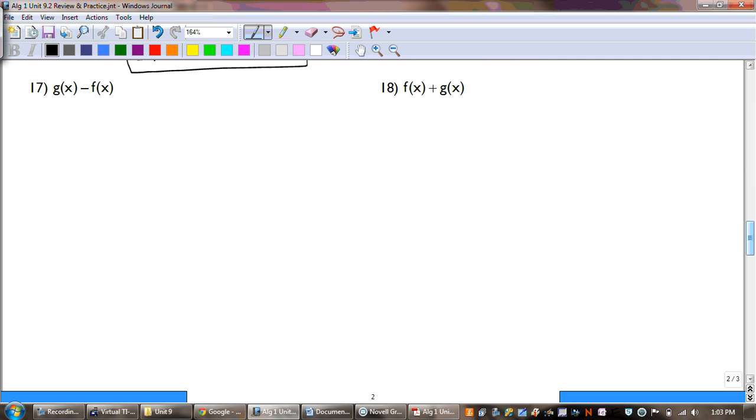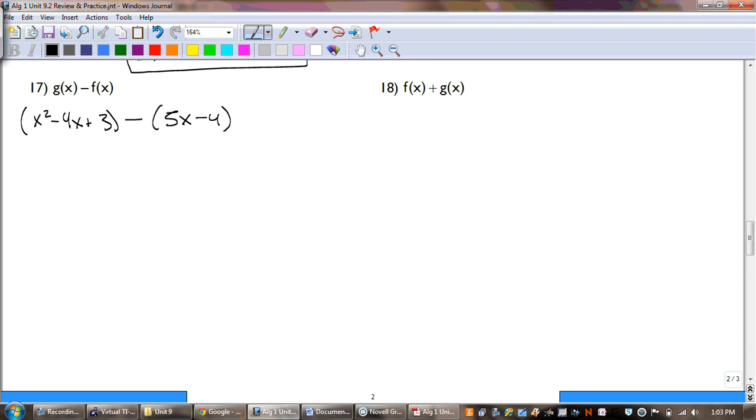17. 17 is just like 13, guys. I want to see if you can do this on your own. So let's first write down everything. We got g of x, which is x squared minus 4x plus 3, and we are subtracting that to 5x minus 4.